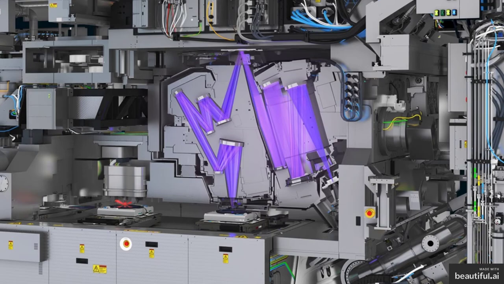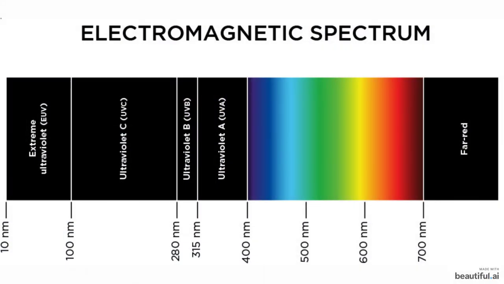So their extreme ultraviolet light has a wavelength of 13.5 nanometers. Now, to put that into perspective, this is the electromagnetic spectrum, and X-rays, as you can see, start on the left of this diagram at a wavelength of 10 nanometers. So the critical dimension of chips that extreme ultraviolet light can produce is about the width of 25 atoms.